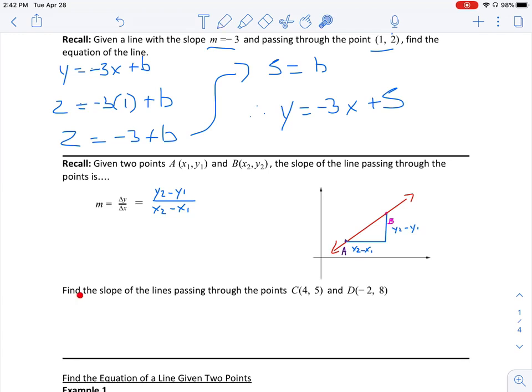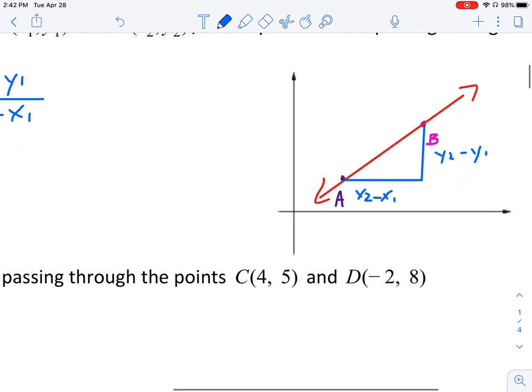So if we find the slope of the line passing through the points (4, 5) and (-2, 8), I first need to find the slope of this line. So I'm just going to quickly label this as x1, y1, and this is my x2, y2.